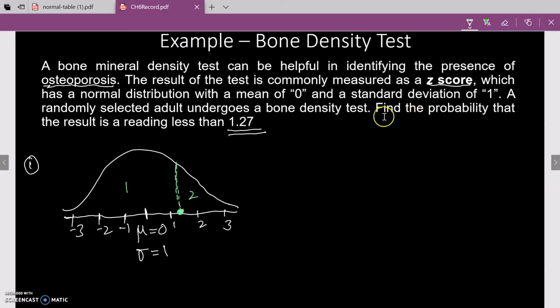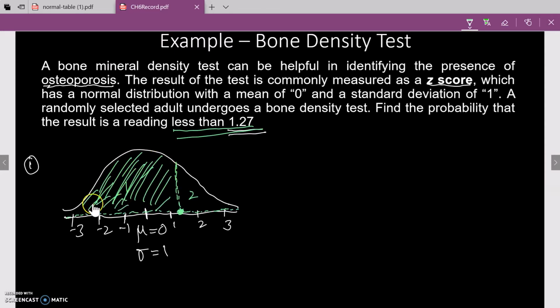The problem says: find the probability that the result is a reading less than 1.27. Less than is the keyword. All the values on this side are more than 1.27, and all the values on this side are less than 1.27. So clearly we are going to shade this region.